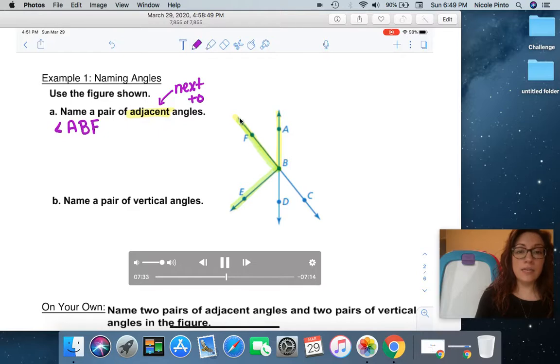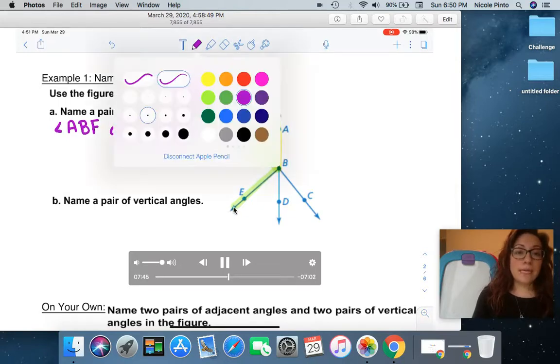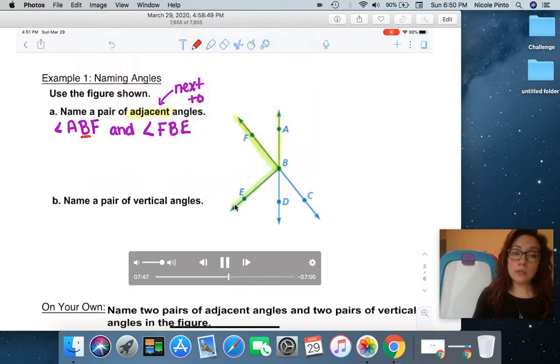Okay, ustedes pueden ver que ellos comparten esta línea. So, adjacent al lado de, tiene que compartir una línea y tiene que tener el mismo vertex. So, FBE. Now, if you notice, si anotan, los dos tienen B en el grupo when I name them, okay? Eso es porque los dos tienen B como un vertex. So those two would be adjacent.